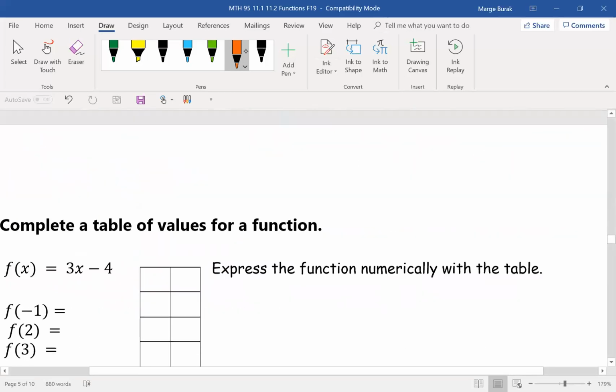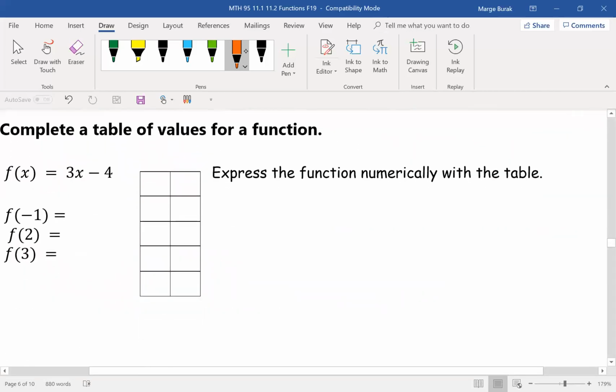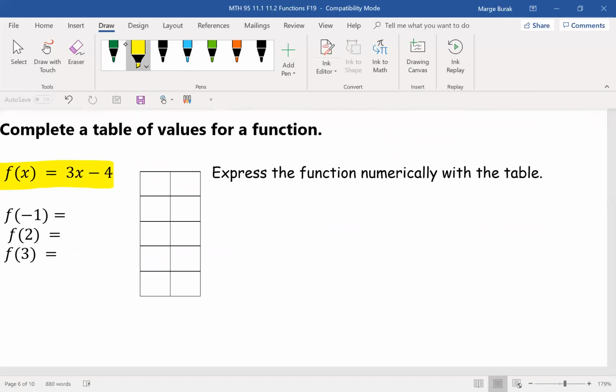Okay, let's try completing a table of values for a function. Here we go. We're given this function right here, and we just want to put in x and find f of x. If I put in negative 1, it would be 3 times negative 1 minus 4, so that's negative 3 minus 4.